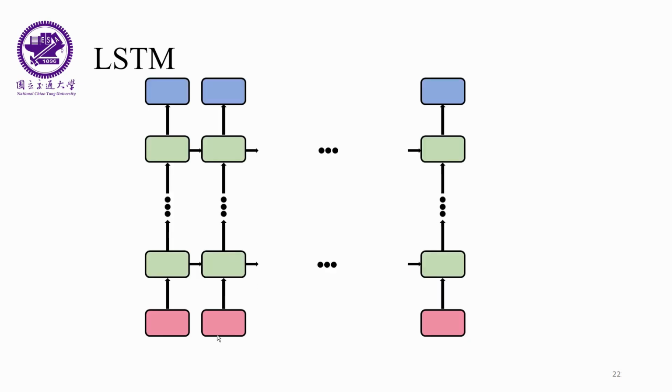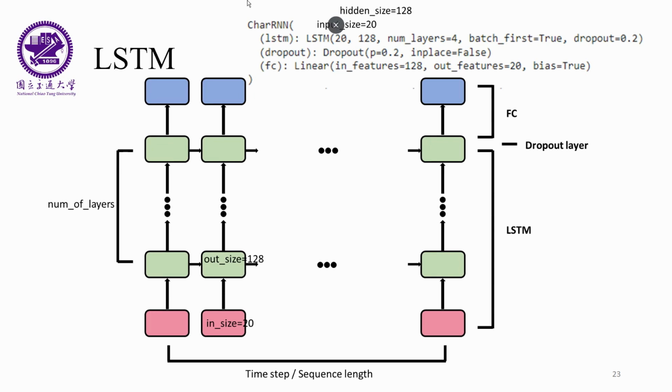So our model will finally look like this. The red row means the inputs, the green rows are the hidden layers, and the blue row means the output layer. In the code we set an lstm layer, which goes from the red to the green part.